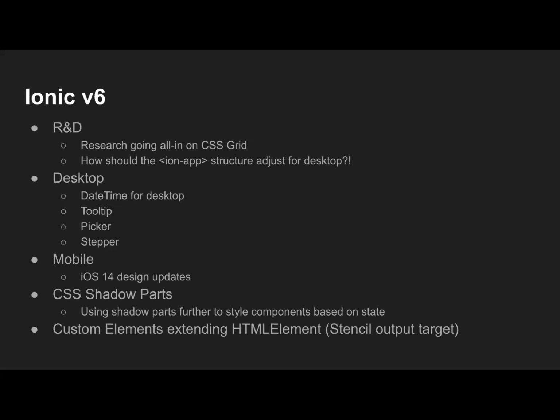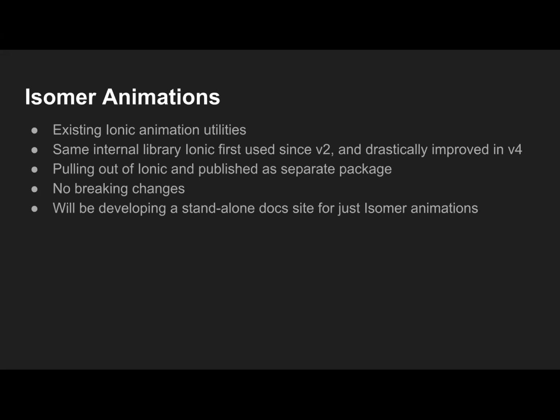Okay, and was that the next slide? Yeah, another thing that we're going to be working on pretty soon here is isolating animations. I think we've talked about it a little bit in the past. It's nothing new. It's the same animation library that we've had since Ionic 2, and Liam did a lot of huge improvements to it using more native web animations since the V4 implementation. Because it is pretty robust and has been widely tested for years now, we're going to pull that out of Ionic and allow it to be basic utility functions that anyone can use for any DOM element.